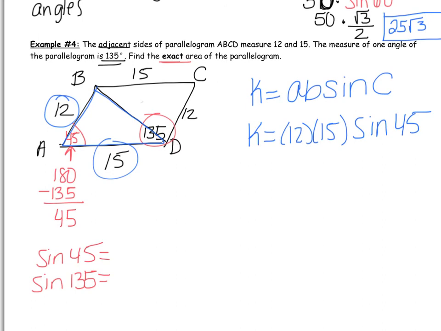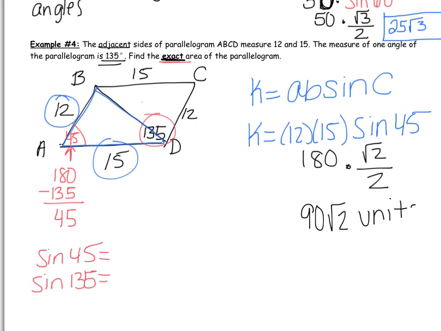So it's just easier. And again, since they want the exact value, sine of 45 is rad 2 over 2. And 12 times 15 is 180. And I can divide the 180 by 2, and I'll get 90. So 90 radical 2 units squared. All right, that's it. See you tomorrow.